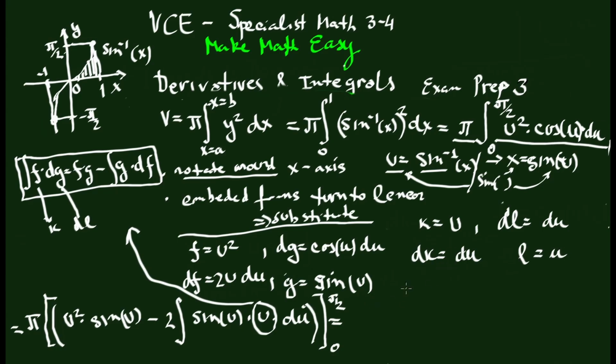So what does that become? Let's leave everything and then just do the integral. The integral becomes, dl is, I apologize, dl is sine of u du.